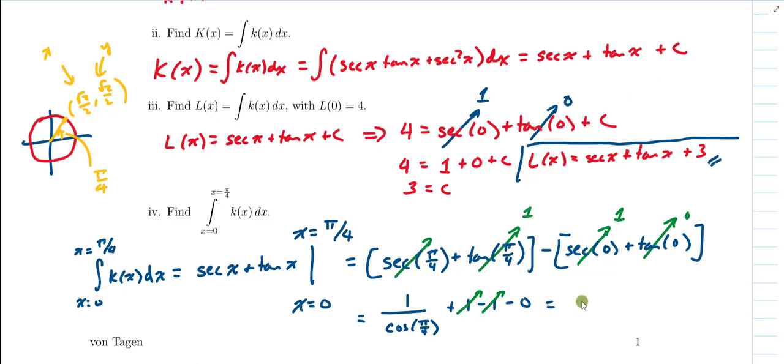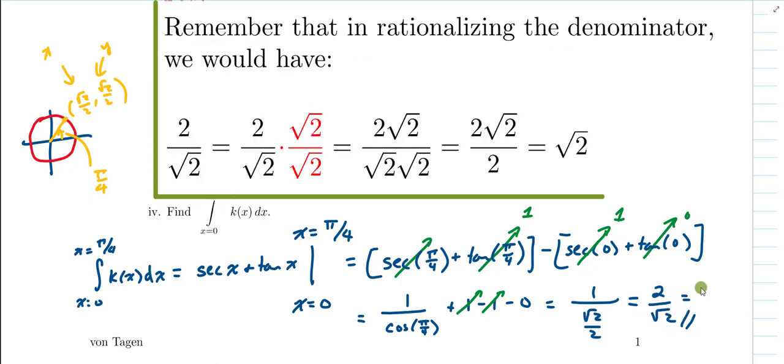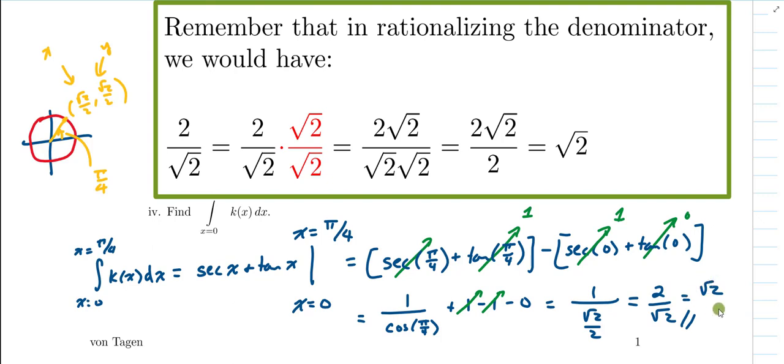So we're going to end up with 1 divided by the square root of 2 over 2, which I could rewrite as 2 divided by the square root of 2. I'm happy with that answer there. Most textbooks would go ahead and rationalize your denominator and say that the answer is just the square root of 2, and you can check if you multiply this by square root of 2 over square root of 2 that you get this answer as well. But I'm perfectly happy with this answer.